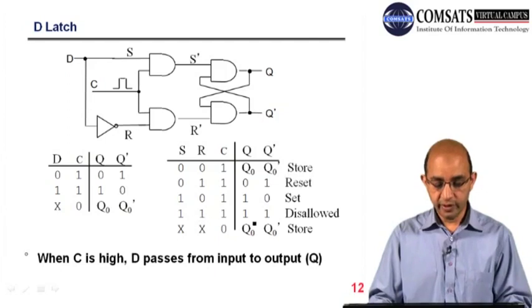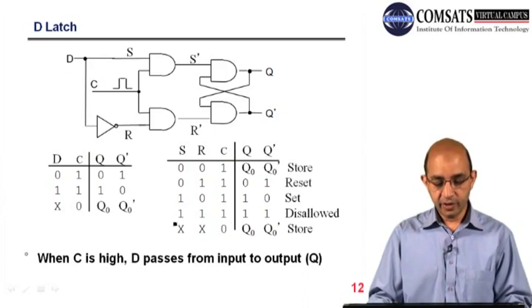Whenever we have 1 1, both Q and Q bar are the same, but logically they should be complements of each other. If Q is 1, Q bar should be 0. If Q is 0, Q bar should be 1. So this is a violation of our digital logic axioms.